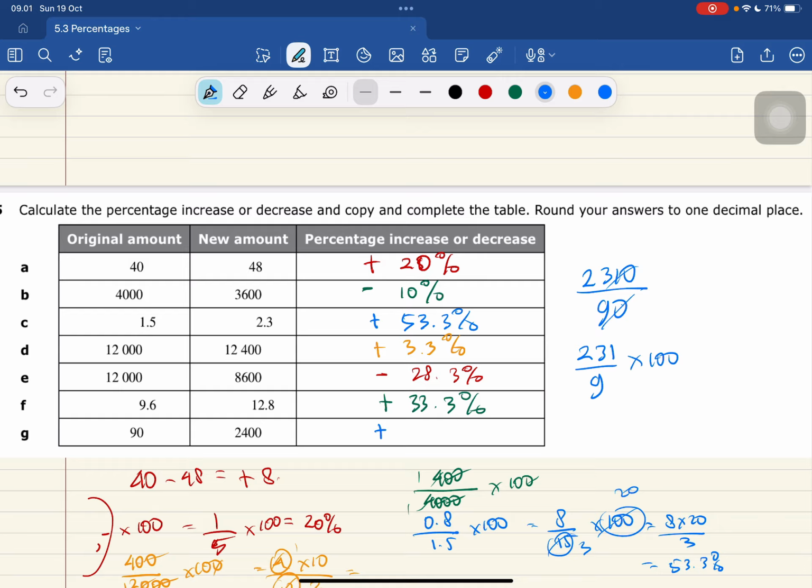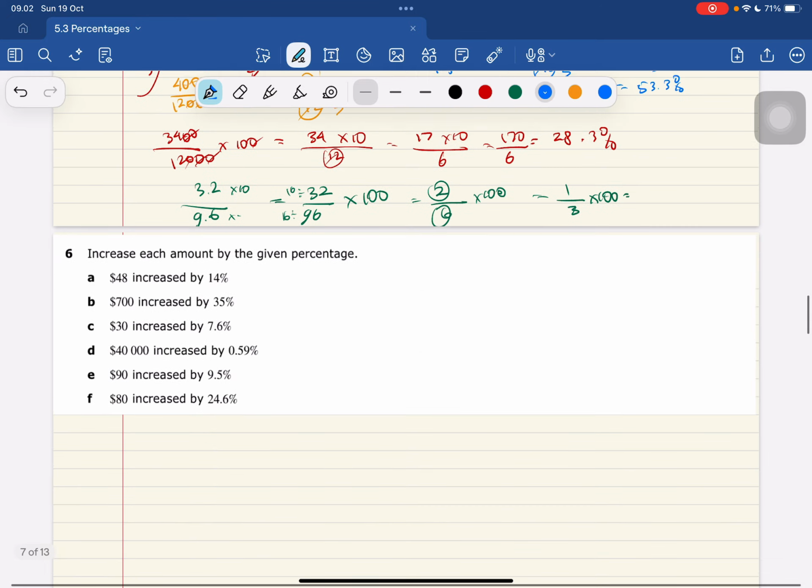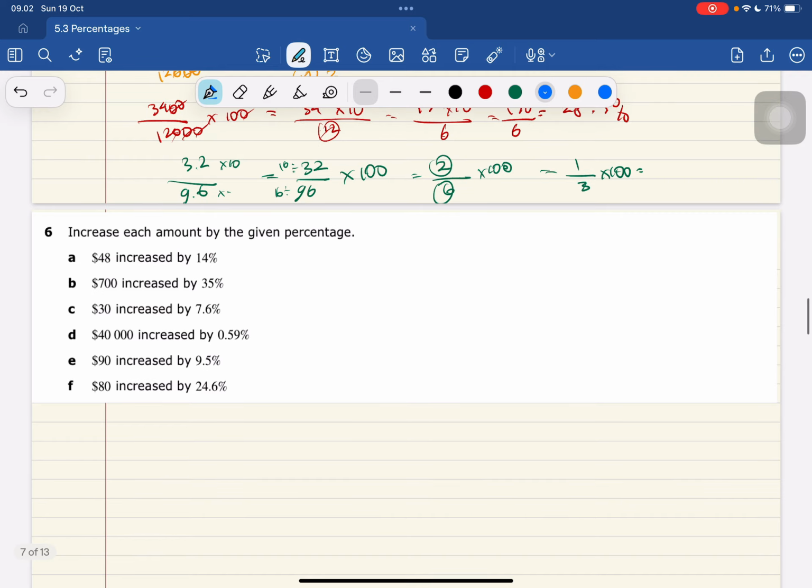So 231, and then let's simplify it by 3. Also simplify it by 3. So it's going to be 77 over 3 times 100. So 7,700 divided by 3. This will give us the answer of 2566.7%. So this is increased by 2566.7%.